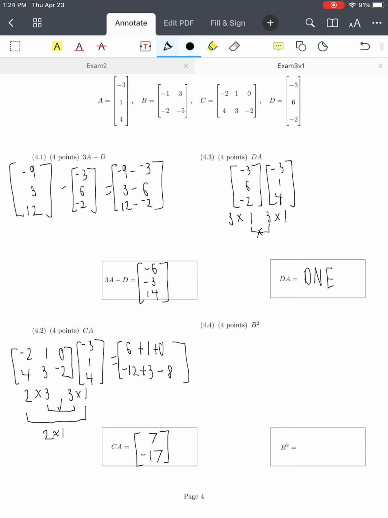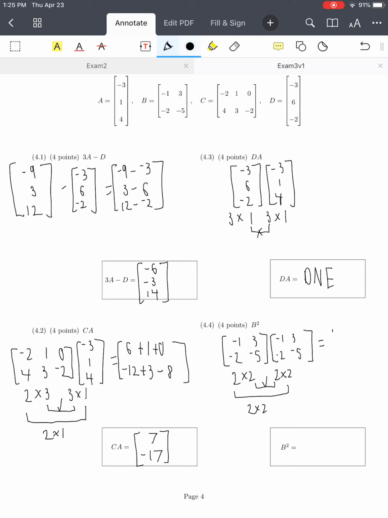So B squared is actually -1, 3, -2, -5 times itself. -1, 3, -2, -5. So we can only square square matrices. So it's a 2 by 2 and a 2 by 2. So these two are equal. So the result is going to be a 2 by 2 matrix.